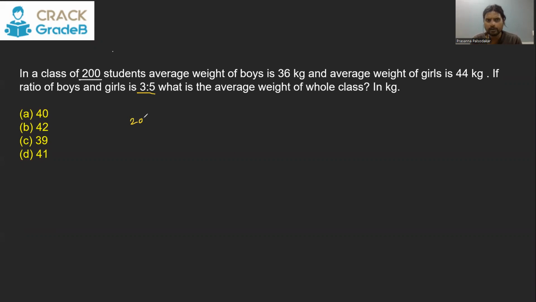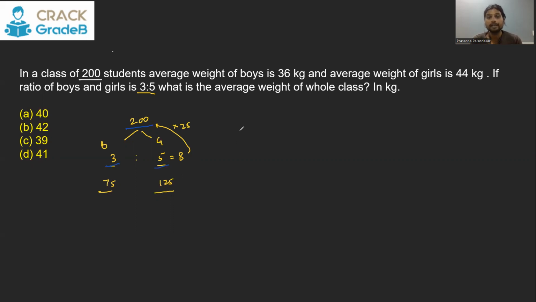So if you try to divide 200 into boys and girls as 3:5, 3 plus 5 being 8, it is 25 times 8. This will also get 25 times, this will also get 25 times. That means there are 75 boys and 125 girls. Basically, you just have to divide the number in the said ratio, 3:5.